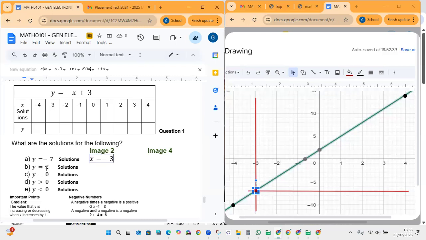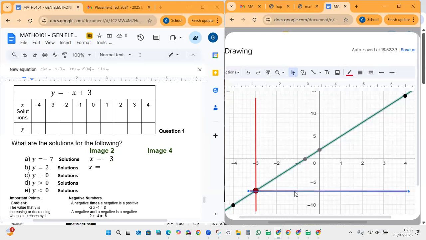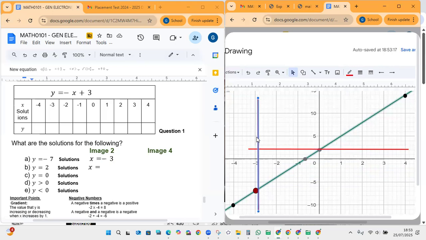What about the solution when the y value is 2? When the y value is 2, what is the x solution? So we look for the y value of 2. The y value of 2 is up there. So let us get the x solution where these two lines intersect.